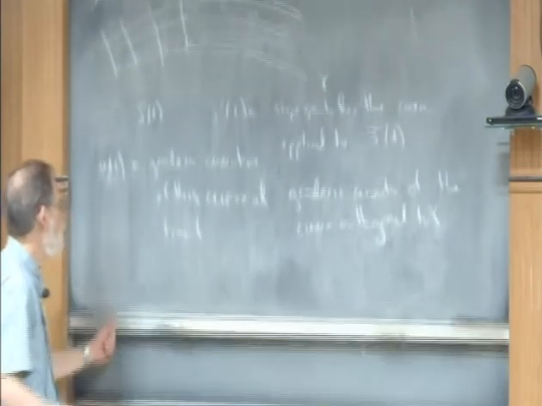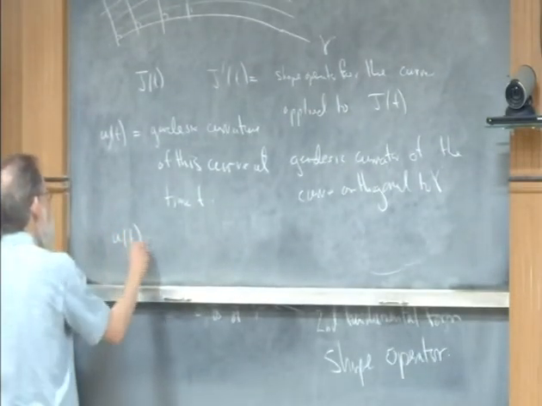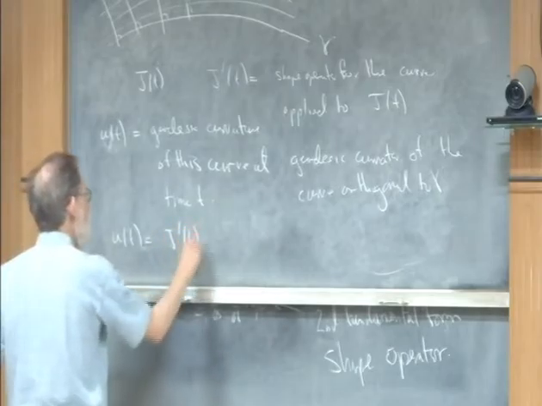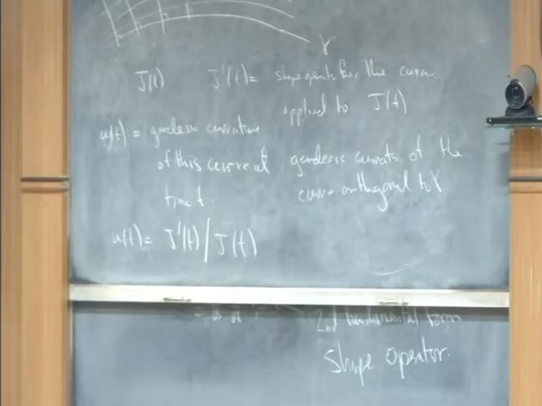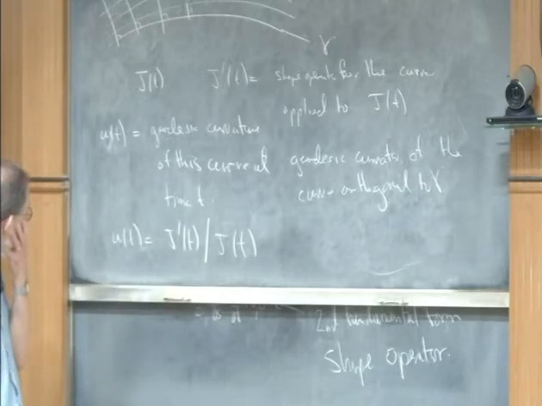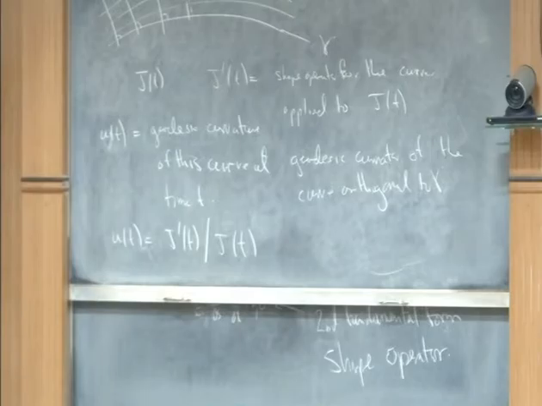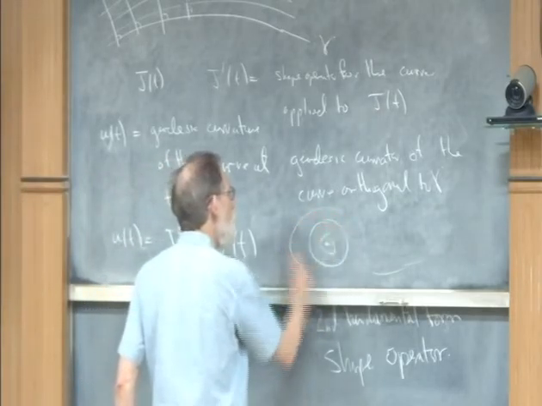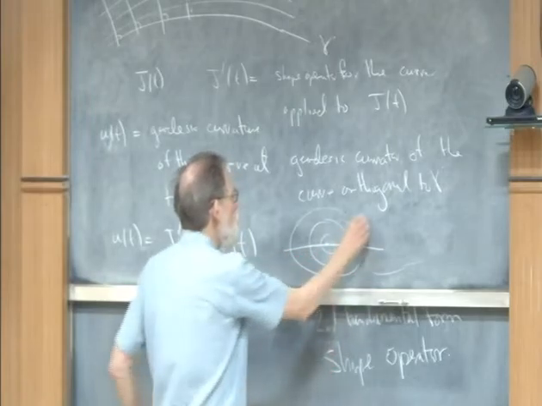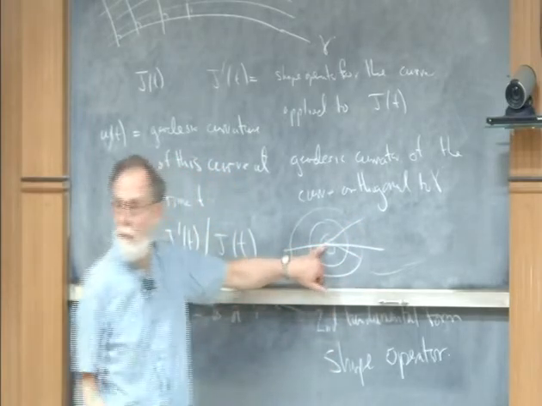Then U of t is J prime of t divided by J of t, except when I'm trying to divide by 0, in which case I just don't. At that point, the curve does something singular, such as when your family of geodesic circles collapses to a point.